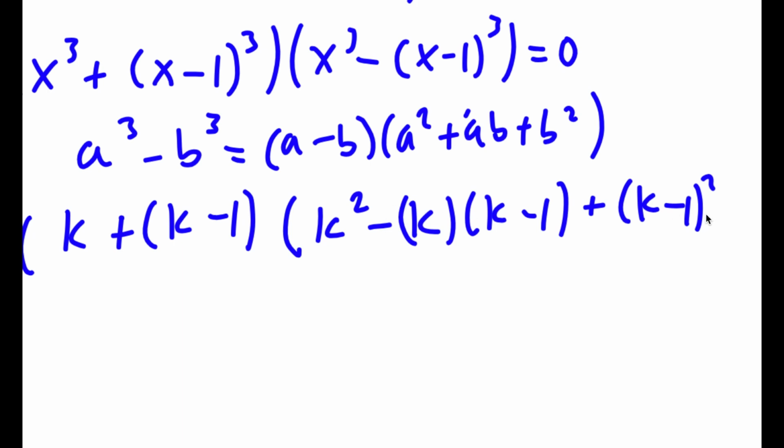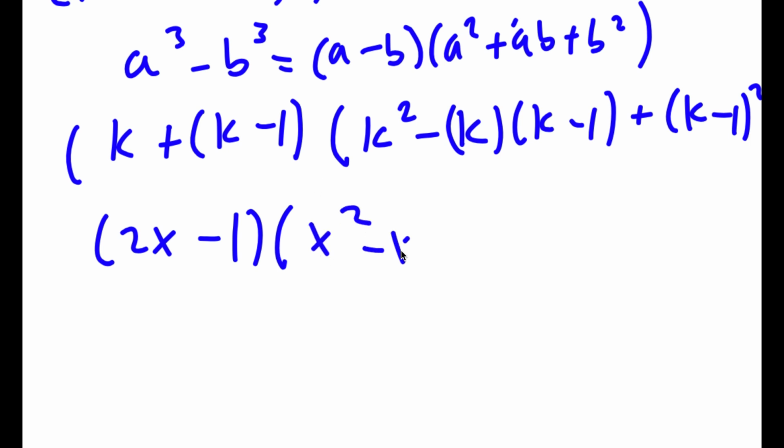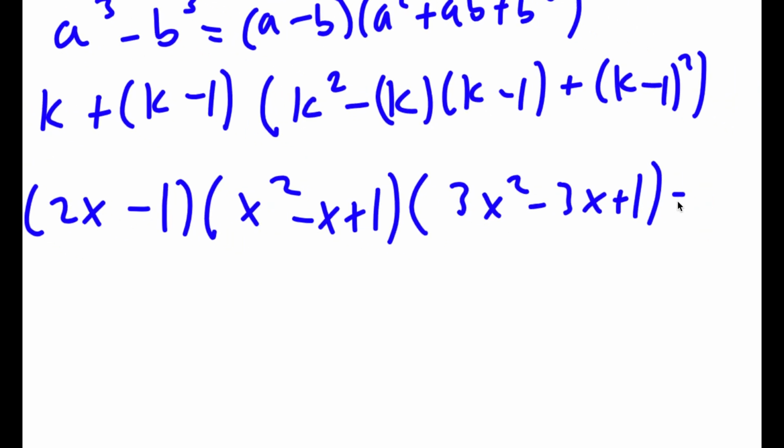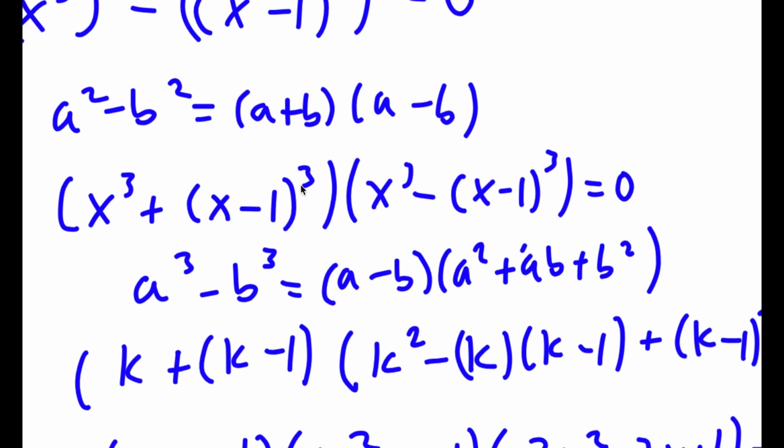Sorry, the k was supposed to be x, but yeah. So this simplifies to 2x minus 1 times x squared minus x plus 1 times 3x squared minus 3x plus 1 is equal to 0. Because we also added in, remember, we also have x to the power of 3 plus x minus 1 to the power of 3.